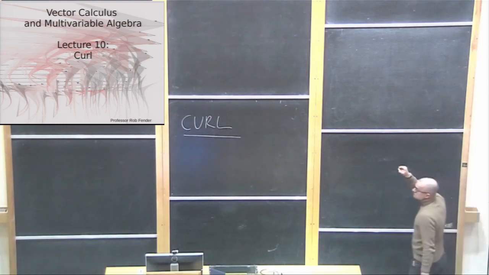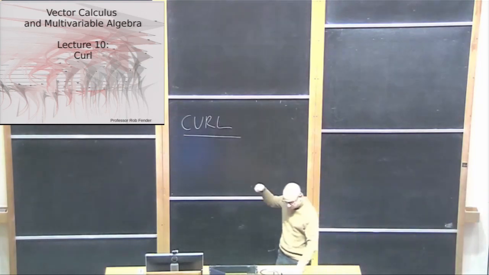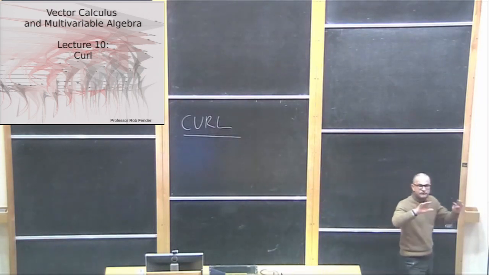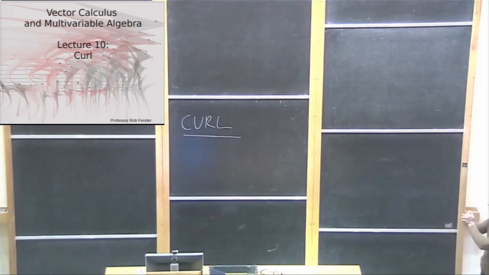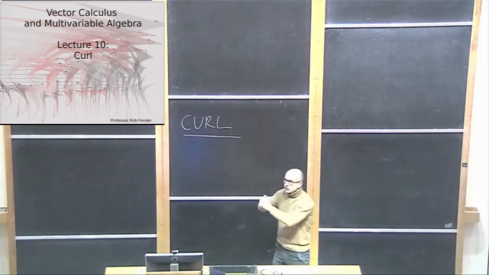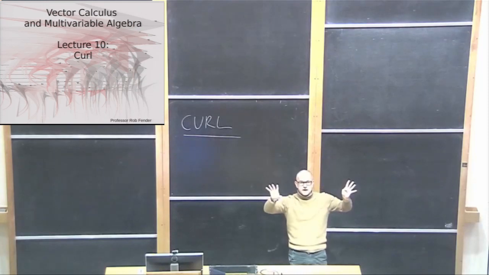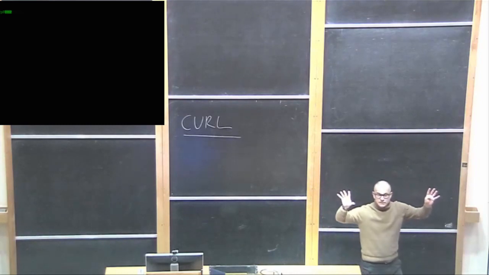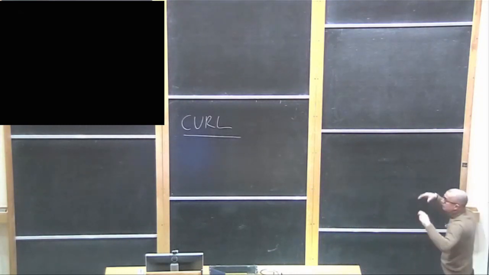And the word microscopic is important here, as we'll see during the course of the lecture, because it's not always the case. This is a bit analogous to what we were talking about yesterday with the divergence in the electric field. It's not always the case that you can visualize your vector field and go, yes, that vector field is rotating, therefore the curl must have some positive or negative value.